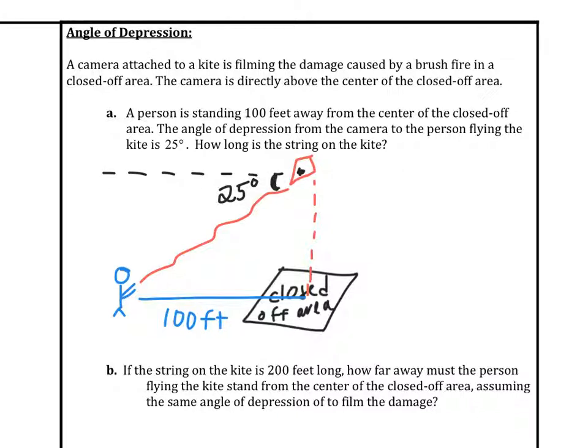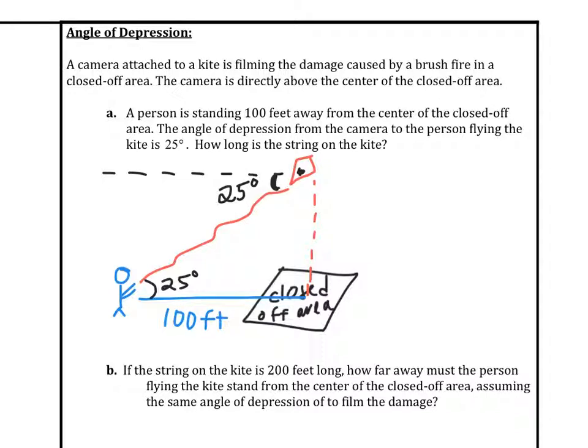Now we just talked about how the angle of elevation and angle of depression are the same because they're alternate interior angles. So you also can take that 25 degrees and label it here, just because that's a little bit easier to work with, it's right next to the 100 now.